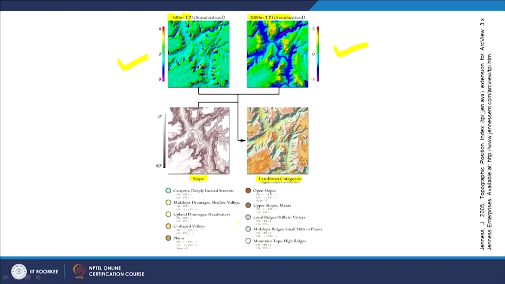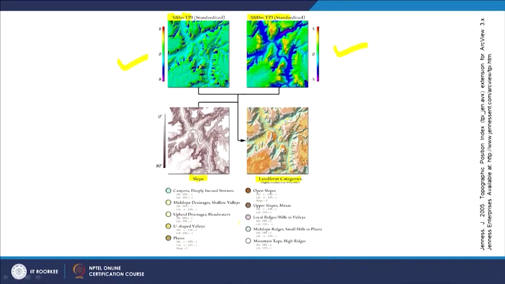So, a simple digital elevation model, when it is subjected to this topographic position index calculation, and either of these two basic methods can be employed, slope classification or landform classification, we can create very useful products like here.